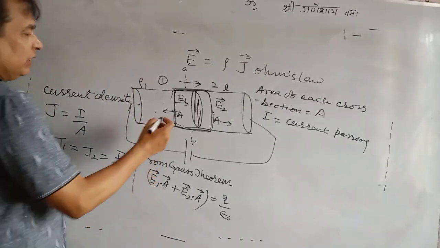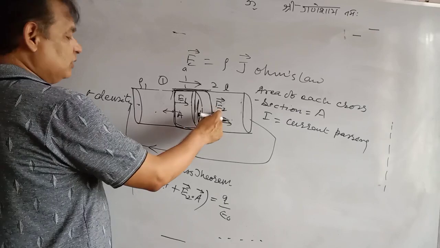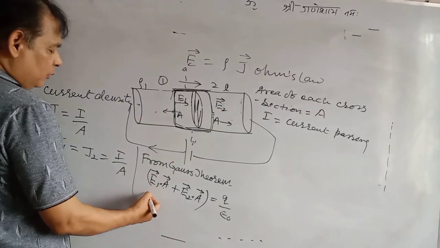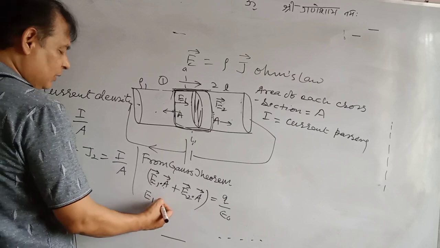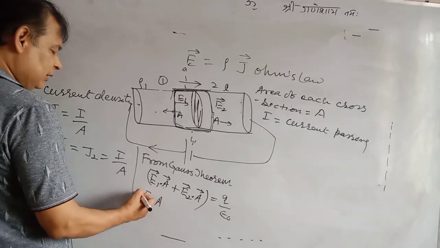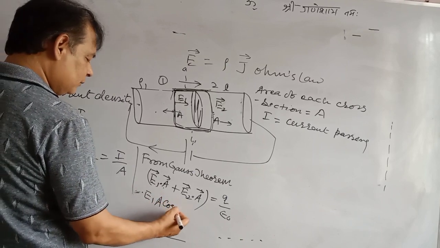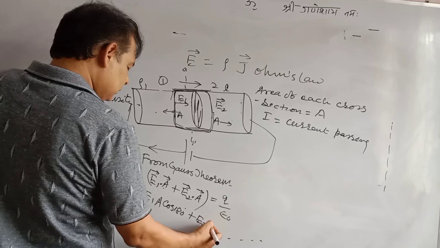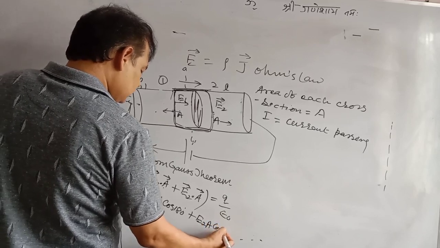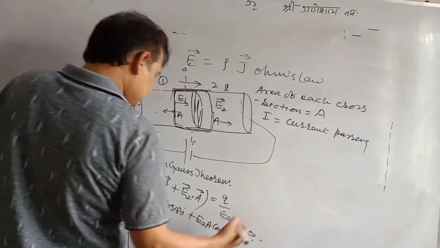But here the vector area makes 180 degrees with E1, in the opposite direction, while for E2 it is in the same direction. So we can write in scalar form minus E1 A, taking cos 180 degrees, plus E2 A cos 0 degrees equals Q by epsilon naught.